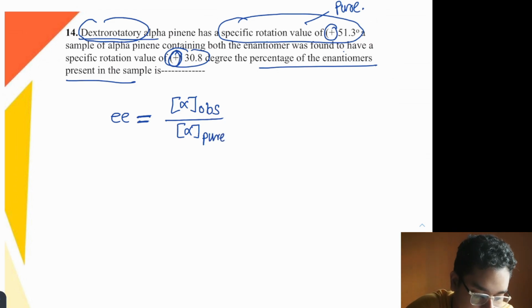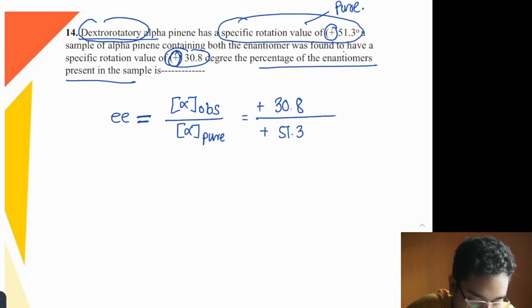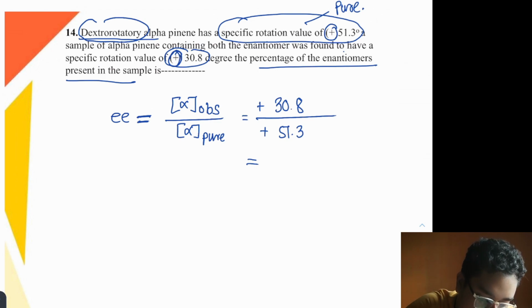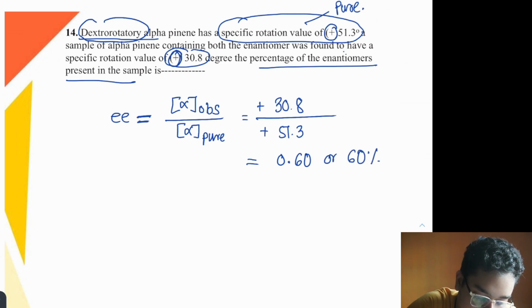So that means 30.8 over 30.8... so it will be 0.60 or 60%.